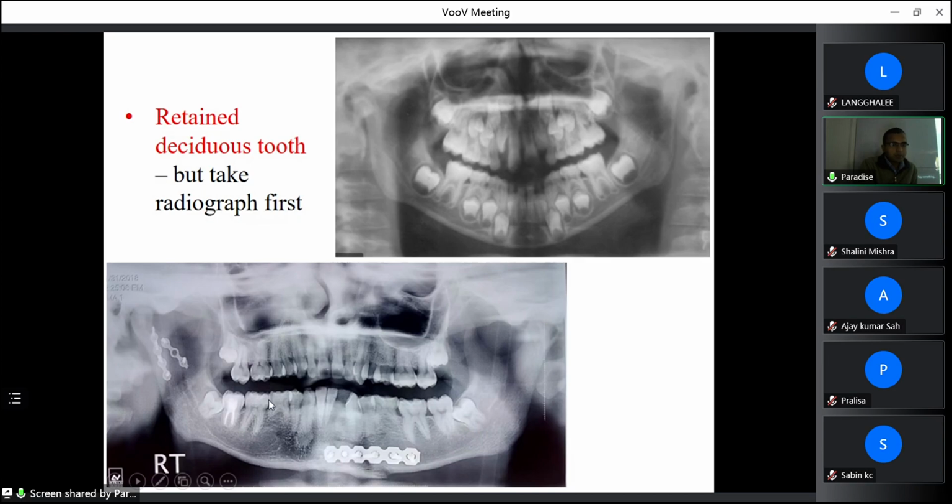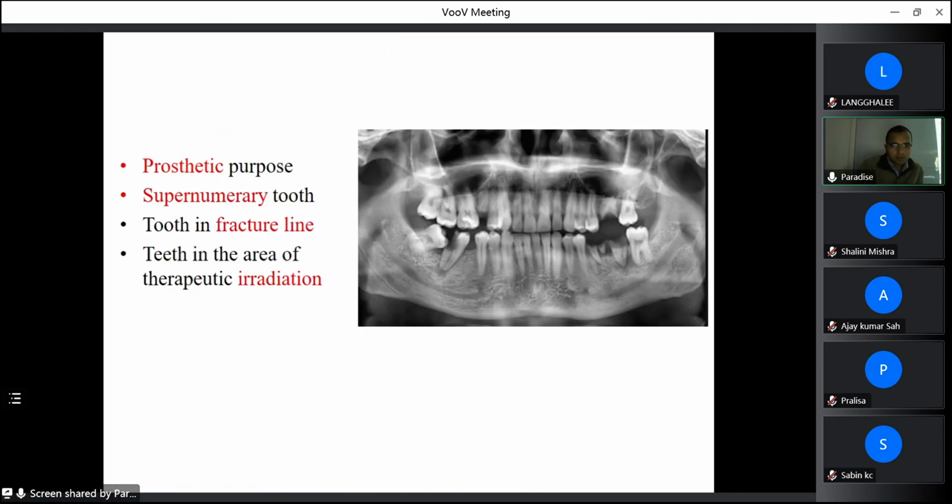So even if there is a retained deciduous tooth, you have to take the radiograph first. First, you have to confirm whether the permanent tooth is present or not, because sometimes the permanent tooth bud may be missing. Also for prosthetic purposes, in an old age patient the tooth may be tilted.